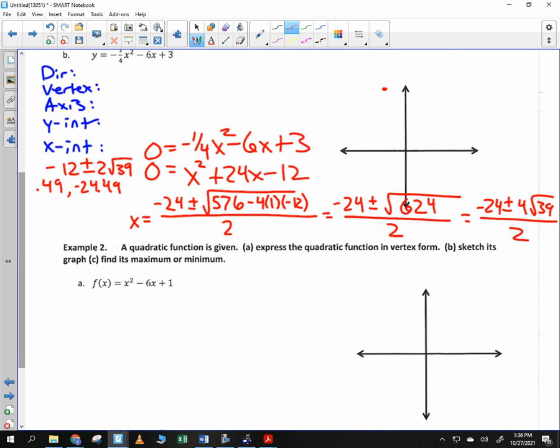So when you plot 0.49 and negative 24.49, do those seem to fit with your graph? Does it seem to make sense with the other points that you have? It should. And you're able to then draw that graph like we had yesterday.